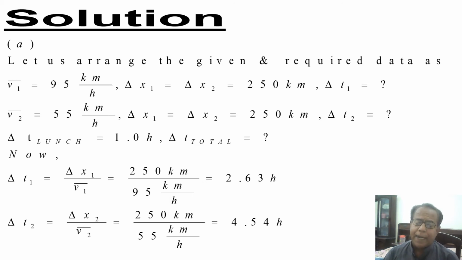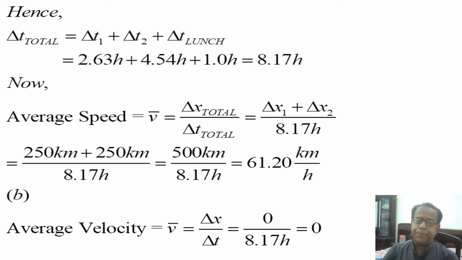That is why delta t2 has become equal to 4.54 hours. Delta t1 has become equal to 2.63 hours, and delta t2 has become equal to 4.54 hours. Now we move on to the next slide.